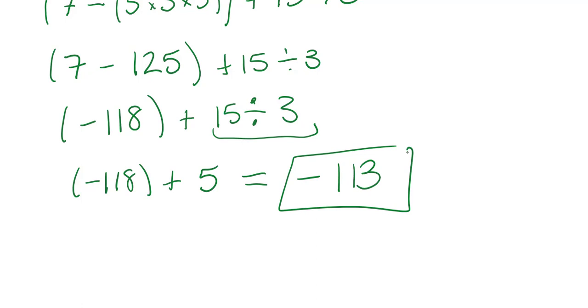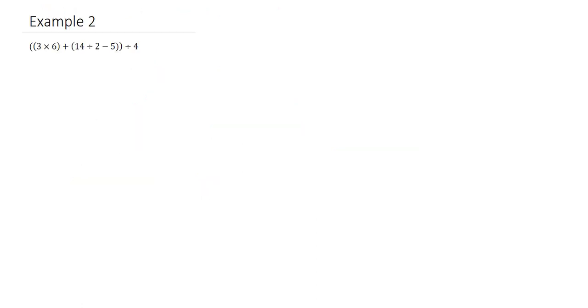Now let's look at another example. Example 2. See, we have quite a lot of operations to do, so let's make sure we write this out. We're going to deal with inside the parentheses first.